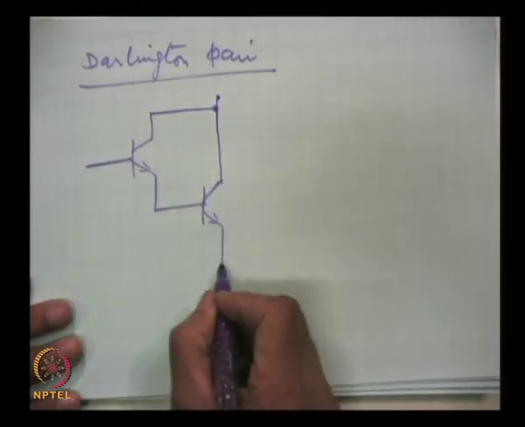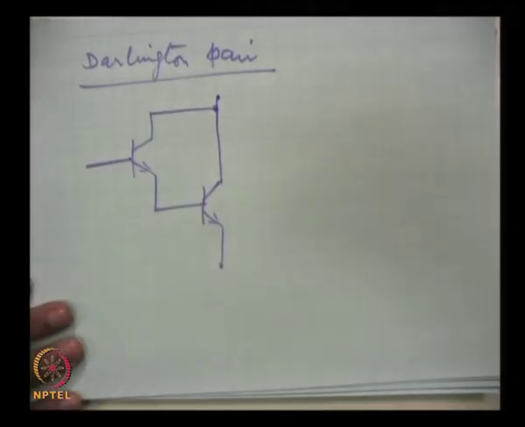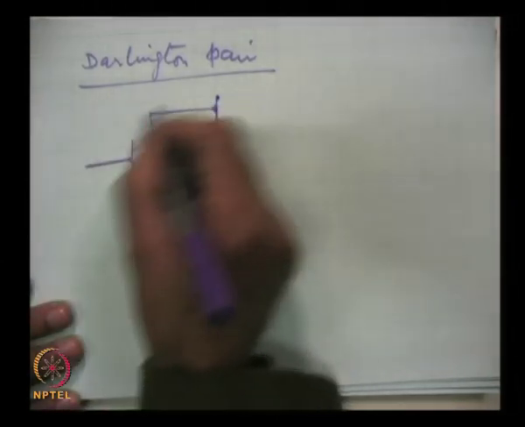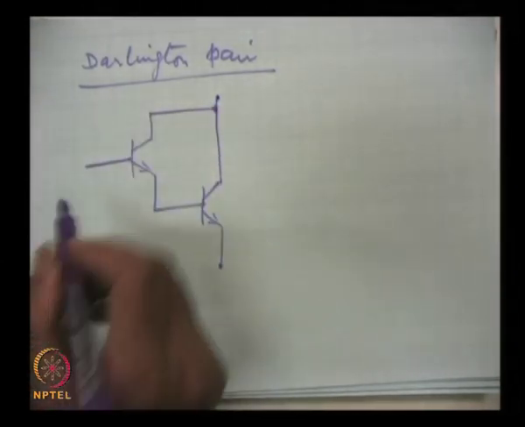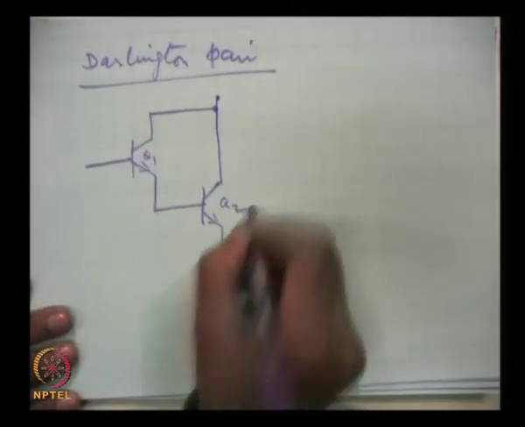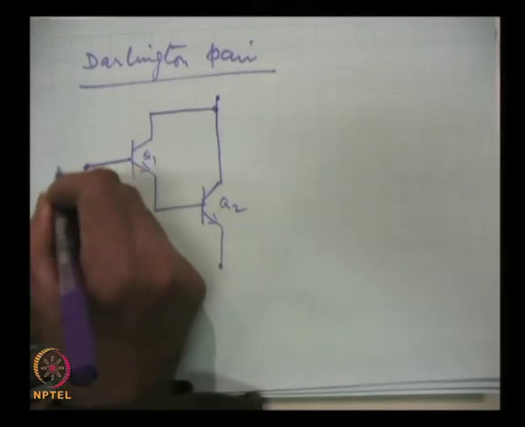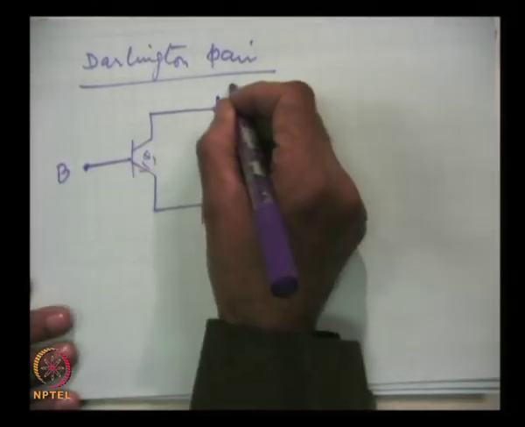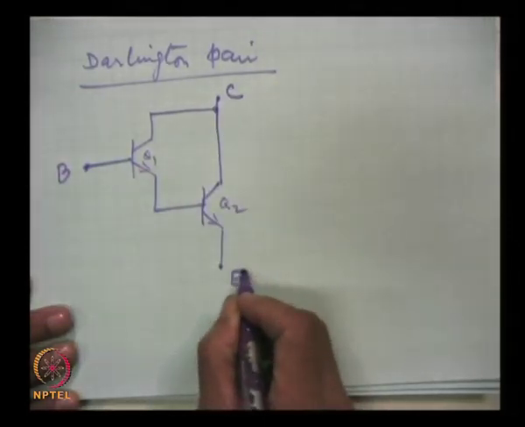This is sold in the market as a single device. This is all enclosed. These are two transistors Q1 and Q2. This is Q1, this is Q2, and this is base, this is collector, and this is emitter.